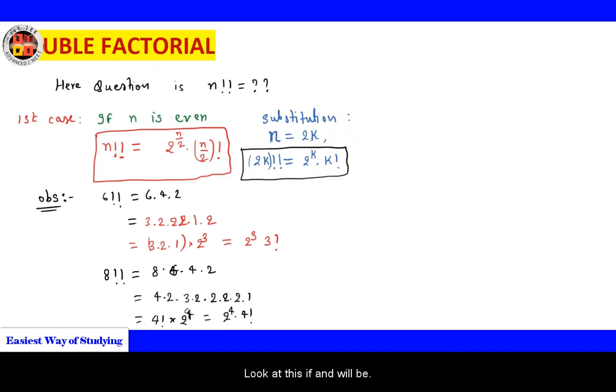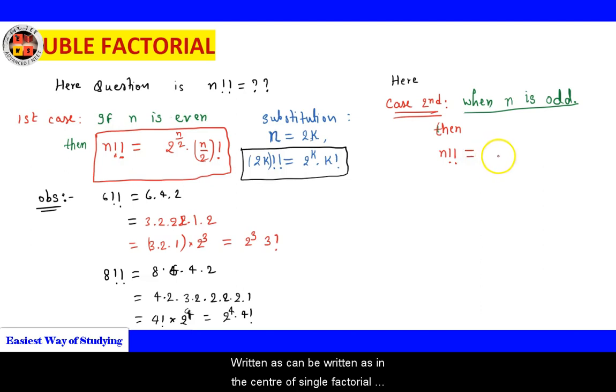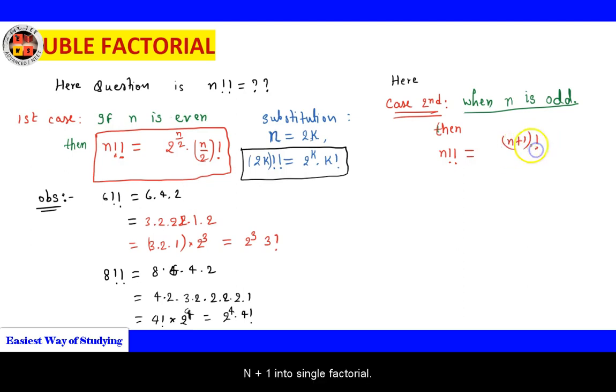So look at this. Second case: suppose n is odd. When n is odd, n double factorial can be written in terms of single factorial as (n plus 1) factorial divided by 2 to the power (n plus 1) by 2 into ((n plus 1) by 2) factorial.